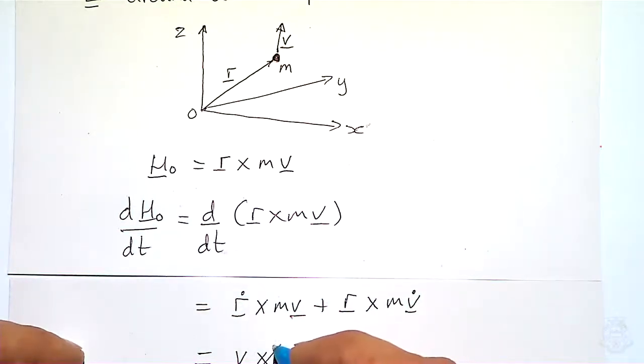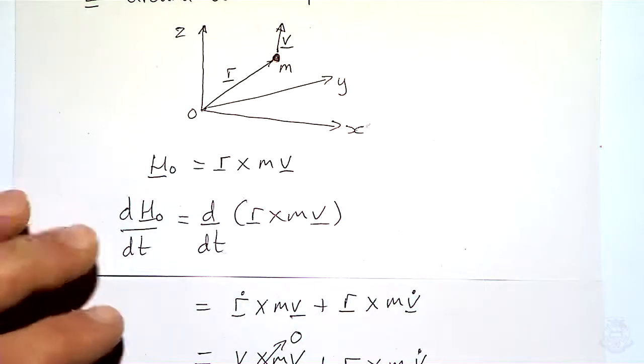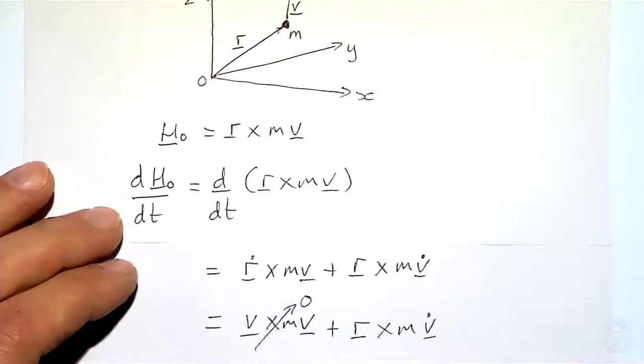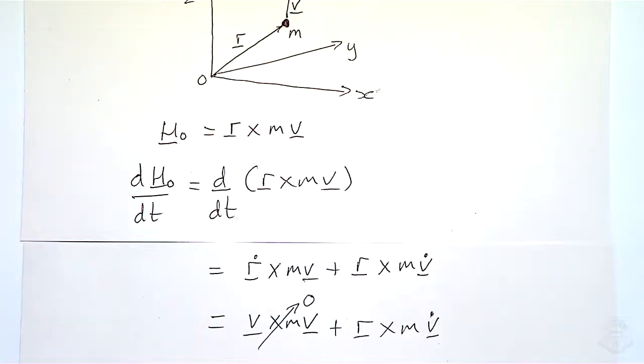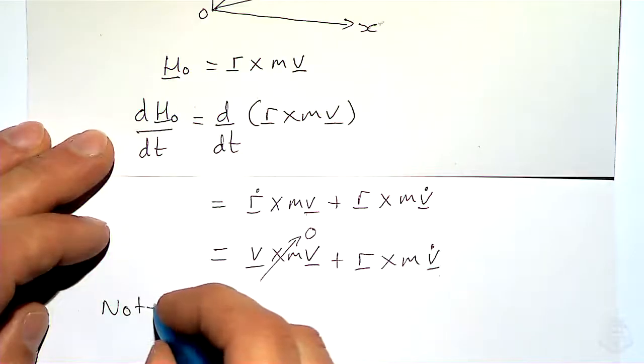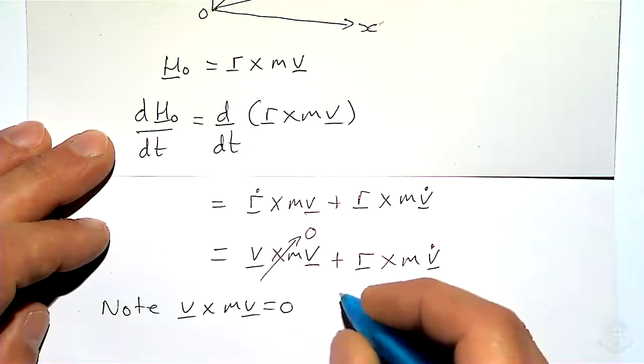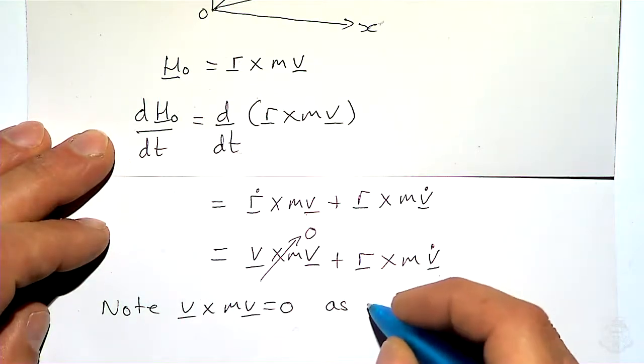So this actually goes to 0. And we have this other bit left, which is r crossed with mv dot. So let's just make a note of that. Note v crossed with mv equals 0 as the vectors are in the same direction.